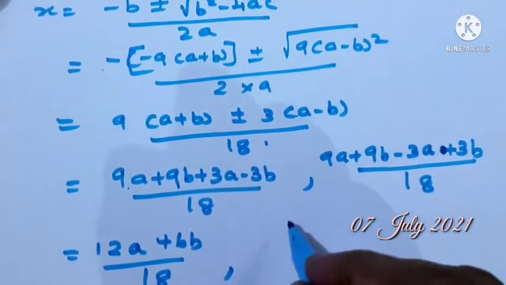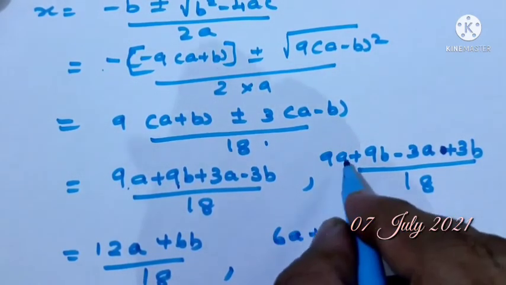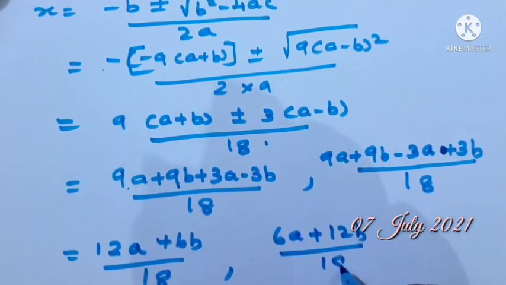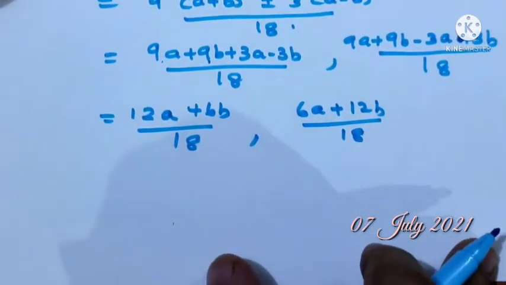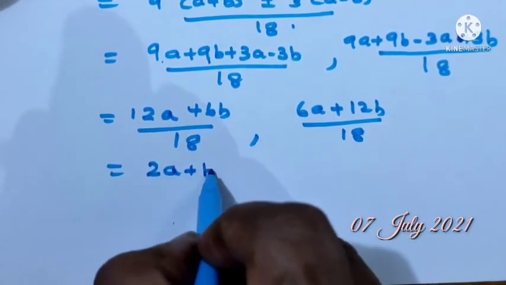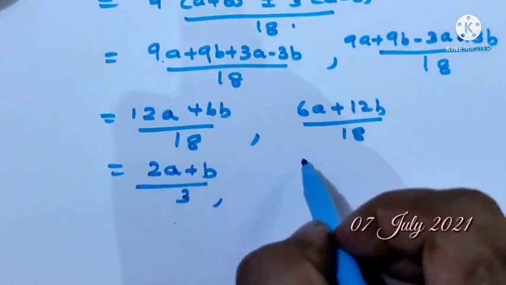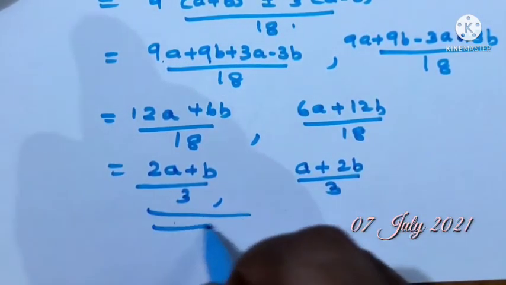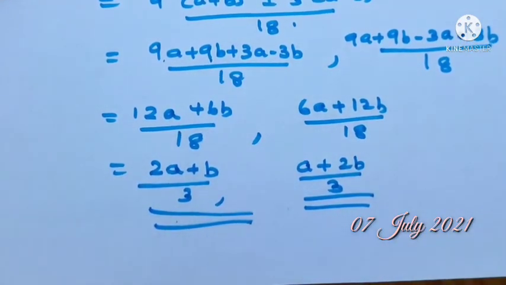Here 9a minus 3a, it is 6a. 9b plus 3b, that is 12b by 18. So if you use cancellation by 6, it is (2a plus b) divided by 3, and (a plus 2b) by 3. So 2a plus b by 3 and a plus 2b by 3.